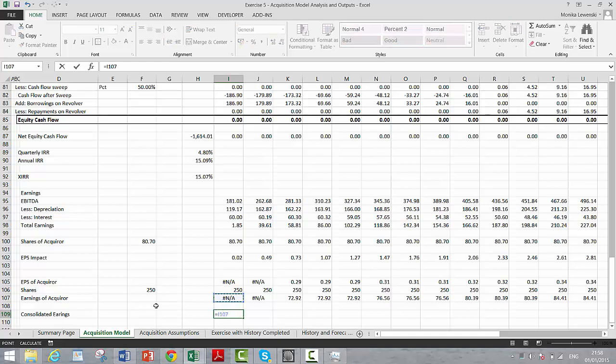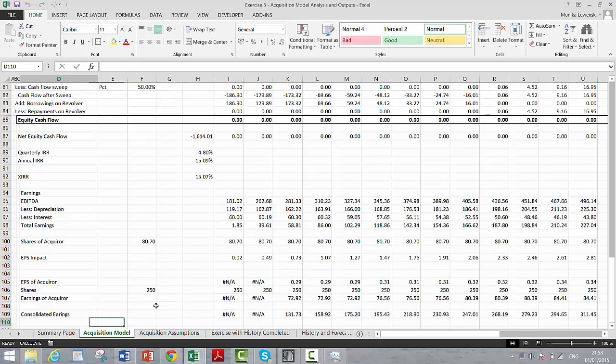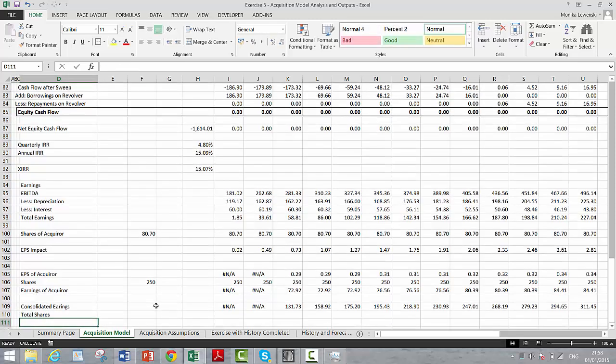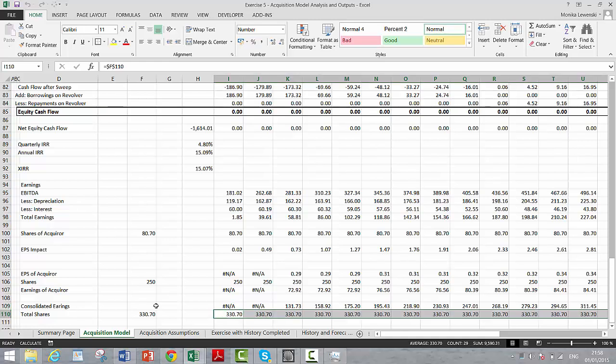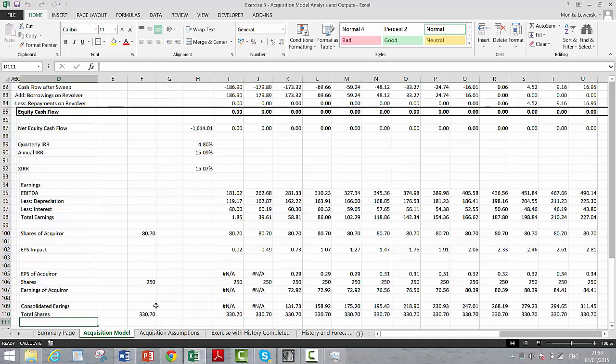That's the earnings of the acquirer plus the earnings of the target here, okay, and then we put our total shares, which are the 250 shares we start with plus the shares we issue in the transaction. So there's our total shares, and then now we can compute consolidated EPS.